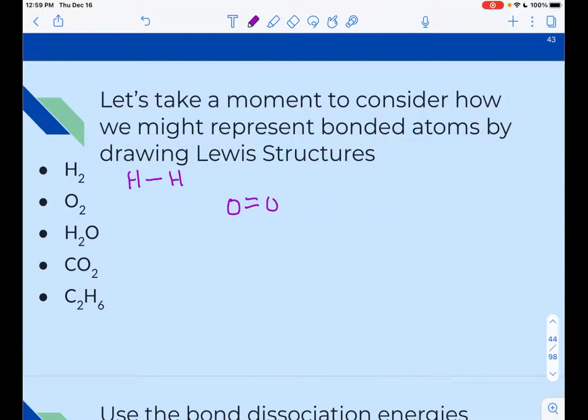O2 has a double bond there. H2O, CO2, and then C2H6.